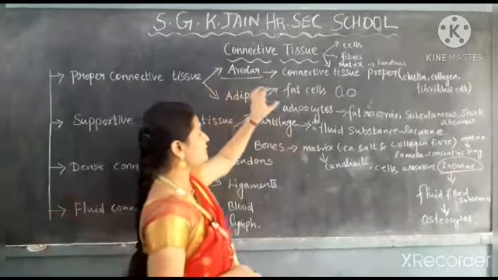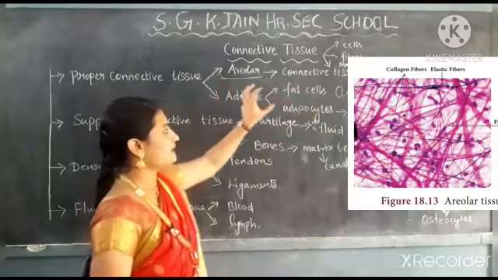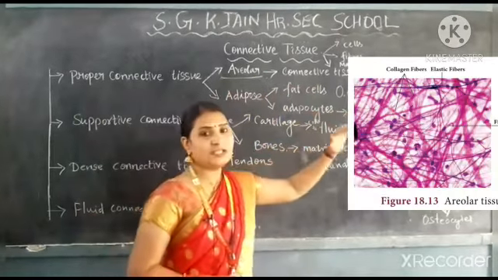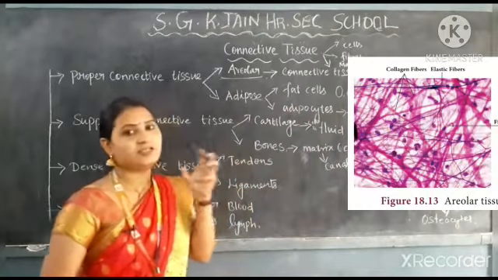This areolar connective tissue is also known as proper. It is made up of elastin fiber, collagen fiber and fibroblast cells.